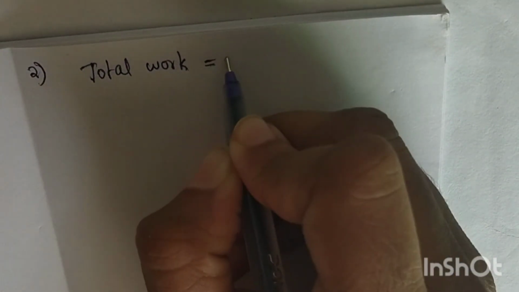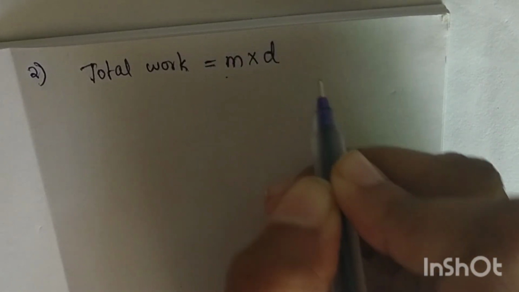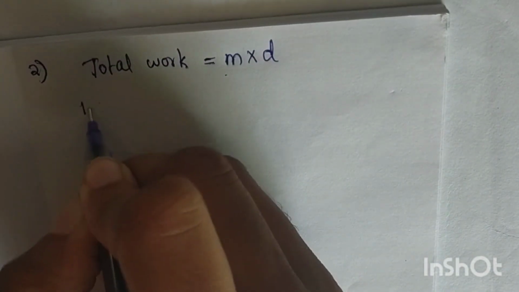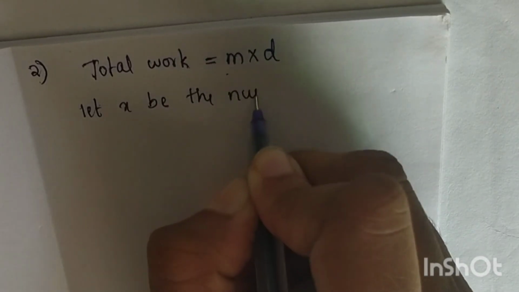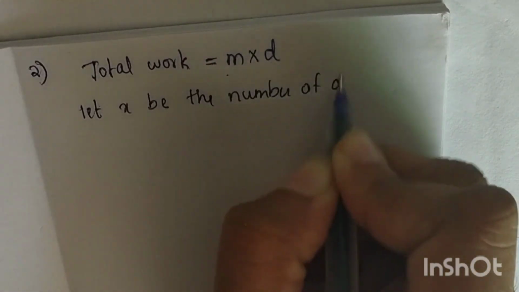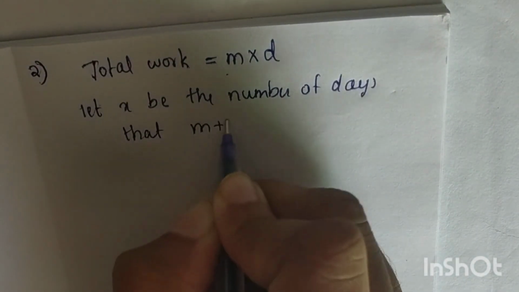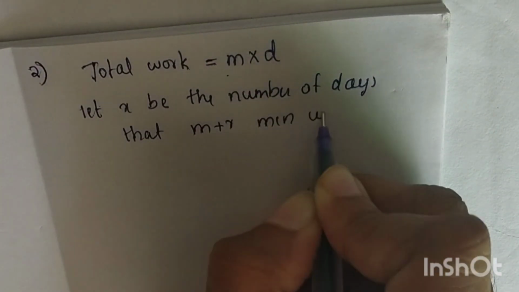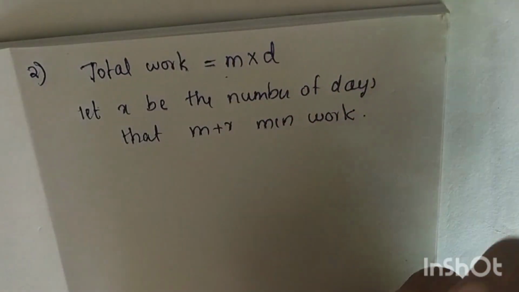Initially it was M into D, that is number of men into number of days. Now let X be the number of days that M plus R men work. No matter how many days, the total work is still the same.